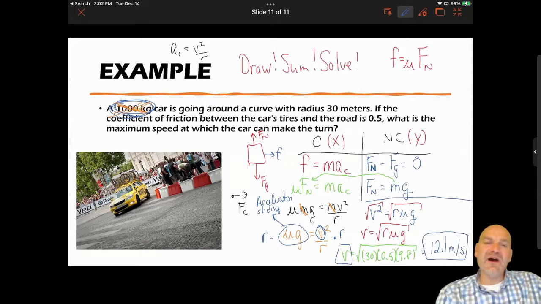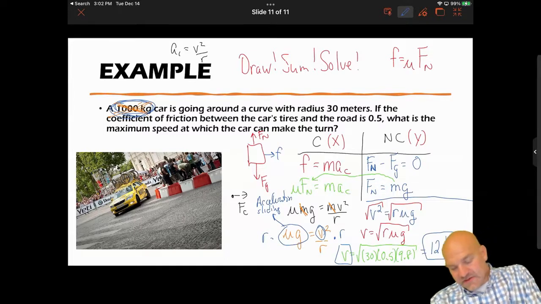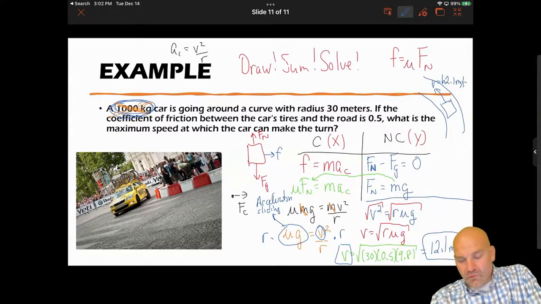If I go anything greater than that, I'm going to go to the outside, right? So if you think about this, if I'm taking a turn, 12.1 is the maximum speed that I can go with. If I go greater than 12.1, I'm going to head off this way, right?